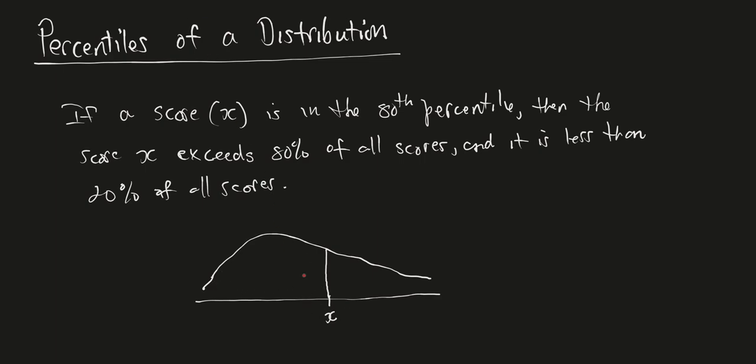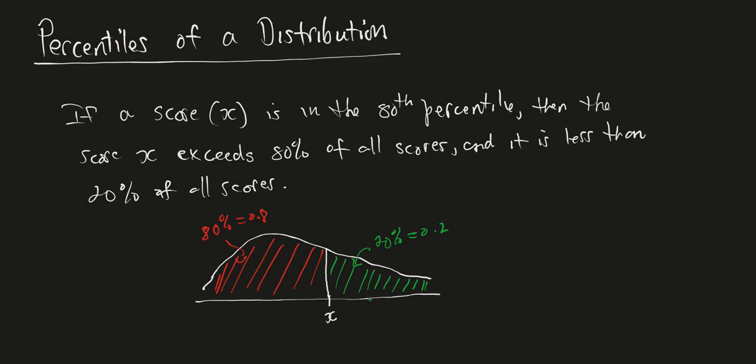So you'd have 80% of the distribution down here. So this would be 80%, or we could say just 0.8. And then the remaining 20% would be over here, because remember, under the PDF there has to be a total area of 1. So you've got 20% there, or 0.2. And this means that this score is in the 80th percentile, so it is larger than 80% of all the values in this distribution.